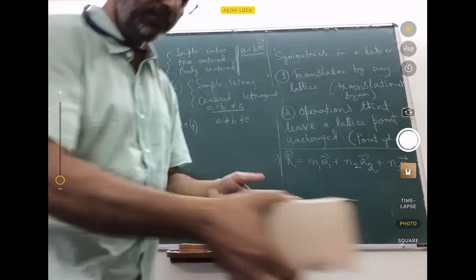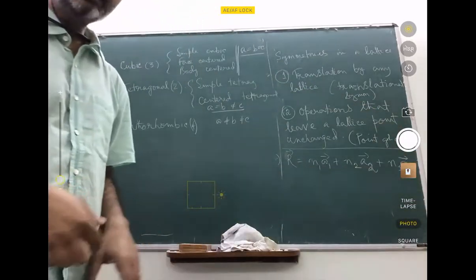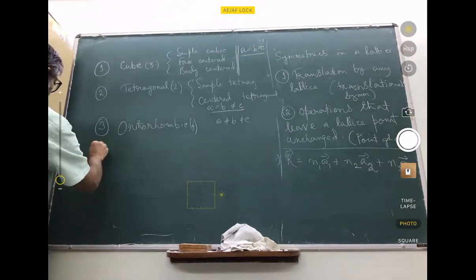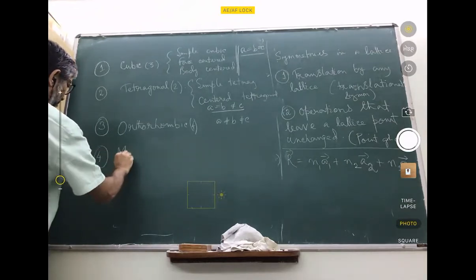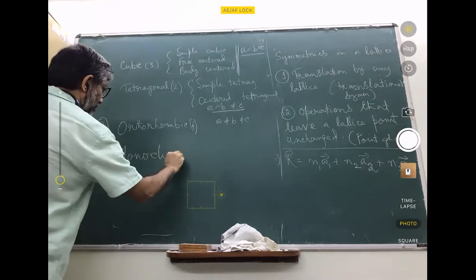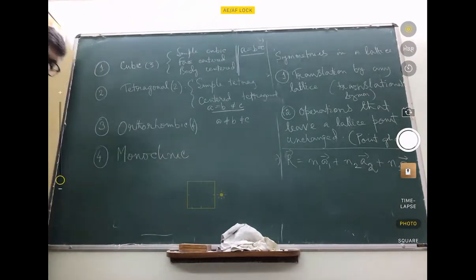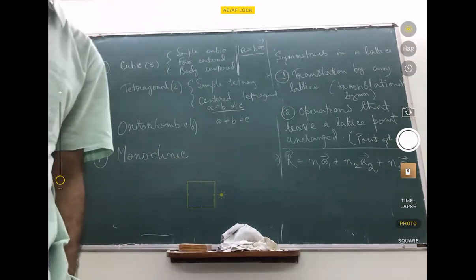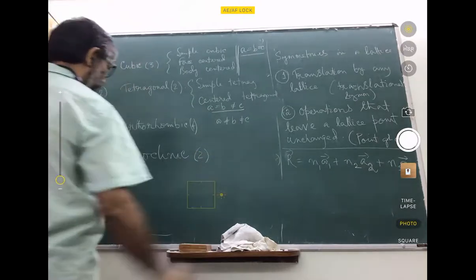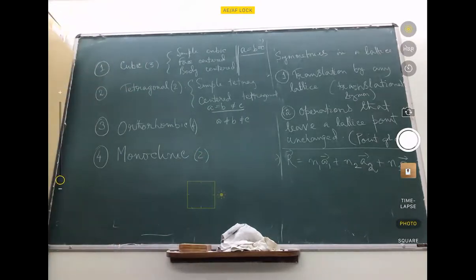If I give it that distortion, I get what is called the monoclinic lattice. And you will find there are 2 types of monoclinic lattices.